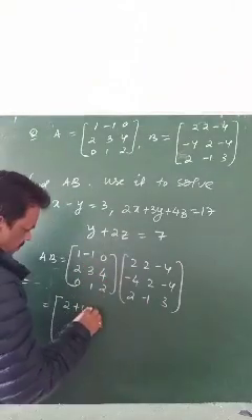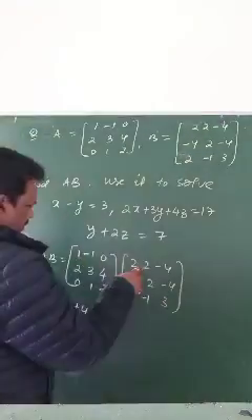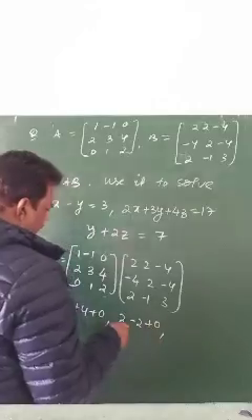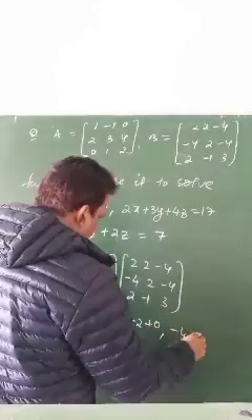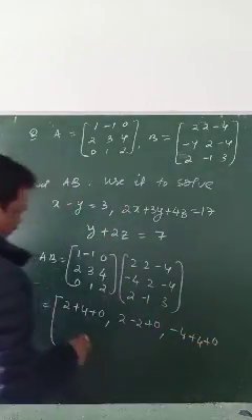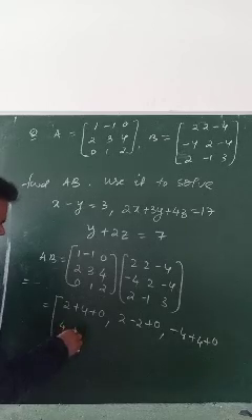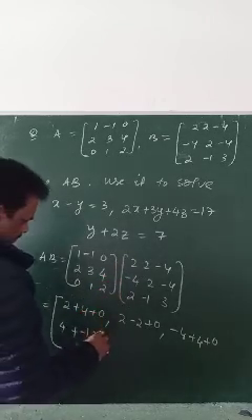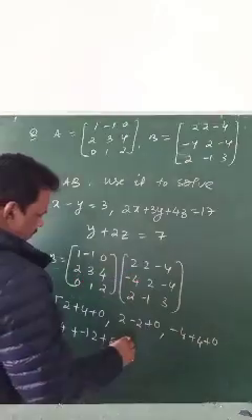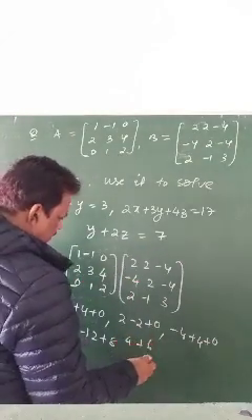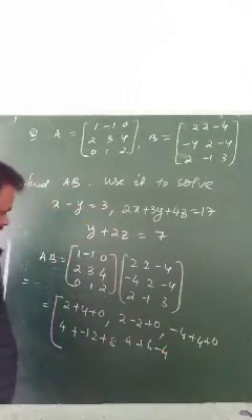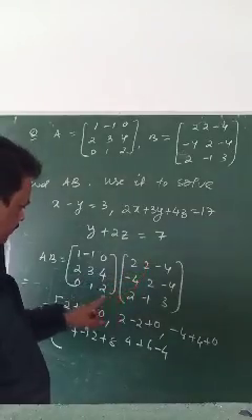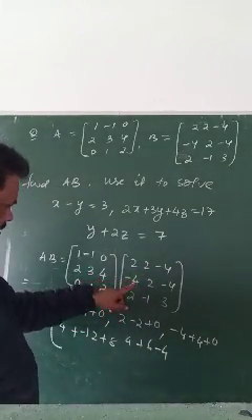2 plus 4 plus 0. 2 minus 2 plus 0. Minus 4 plus 4 plus 0. 4. This and this, minus 12 plus 8. 4 plus 6 minus 4. 2 2 is 4, 2 3 is 6.